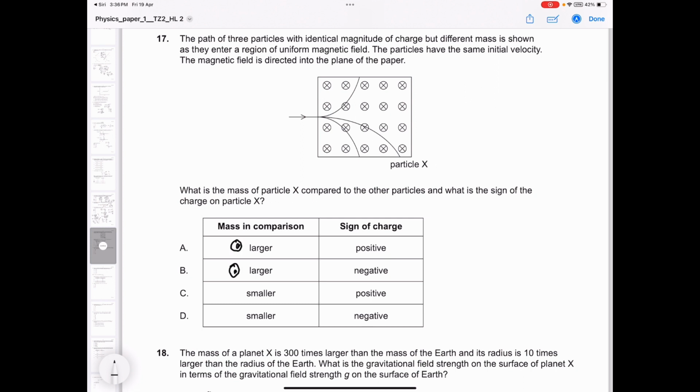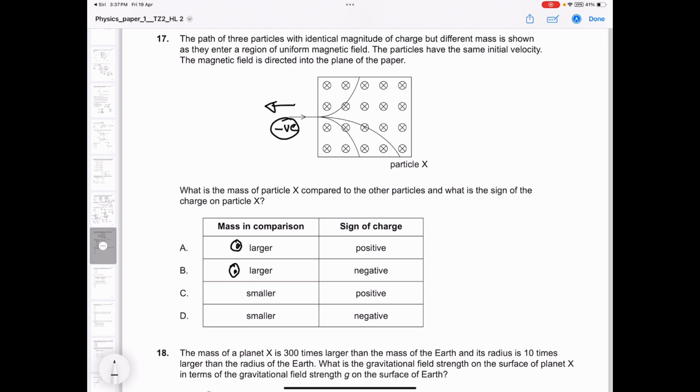To find the sign of the charge, we need to use Fleming's left-hand rule. And we need to be careful, if it's an electron coming in, we need to reverse the direction when we're using our fingers. So let's imagine here that the particle coming in here is an electron, like this. Then when we're using Fleming's left-hand rule, we have to go in the opposite direction like this.